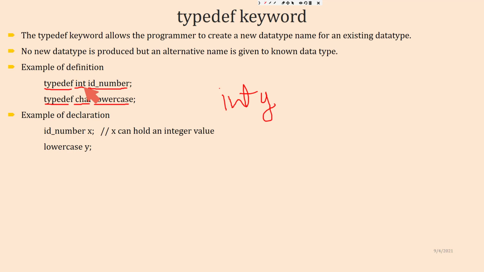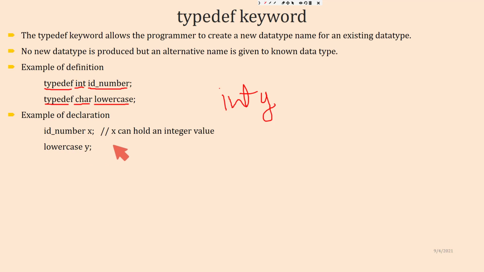And also I have given another name to int, that is id_number. So if someone writes id_number x, that means x can hold an integer value, because id_number is a name given to integer. So all the properties of integer are there in id_number also. Similarly lowercase y is the same as char y.